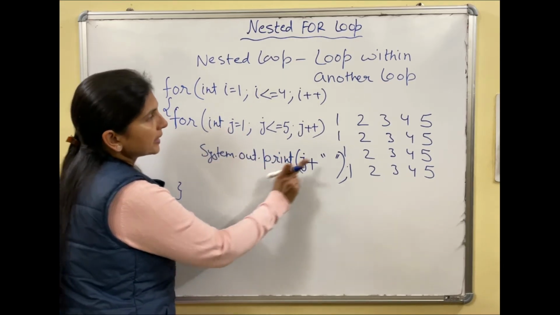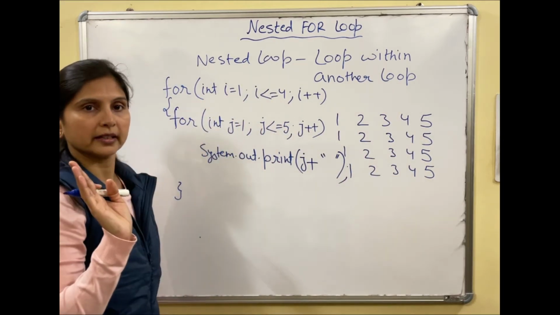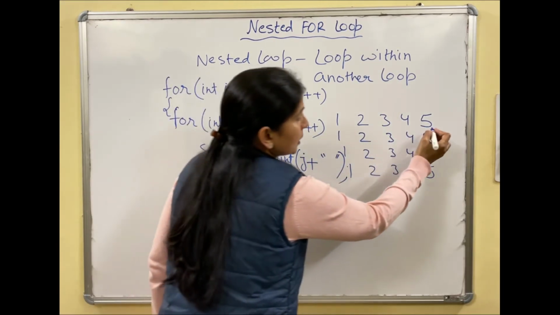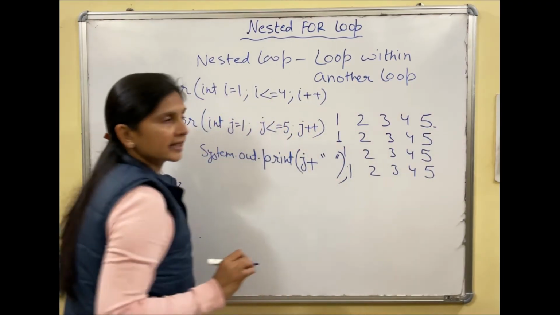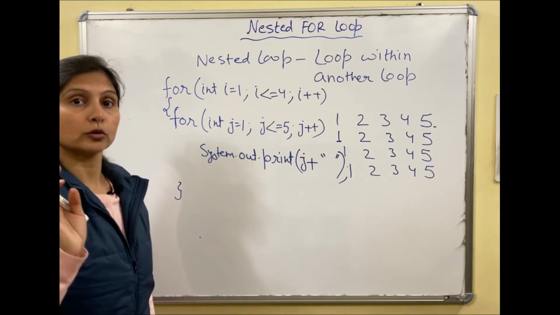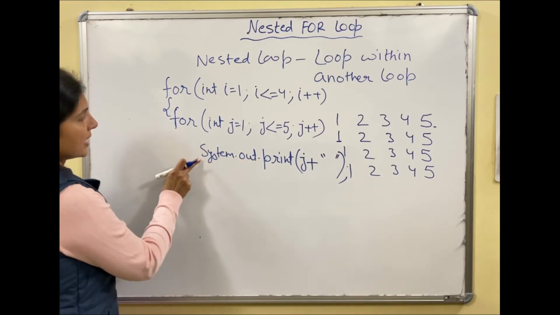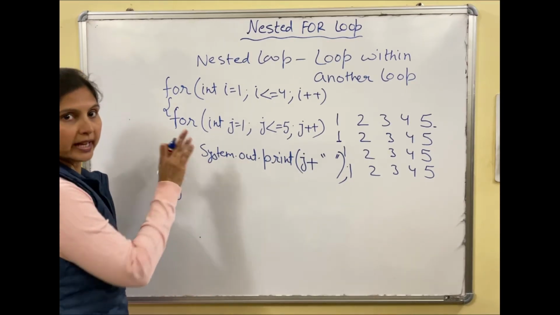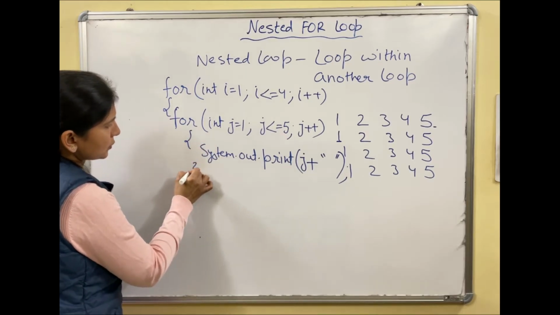So it will display 1, 2, 3, 4, 5 when i is 1. Right? Now what do I want? After displaying 5, I want the cursor to come to the next line, right? So where shall I give the System.out.println? After the inner loop. As there is only one statement, we have not given the braces. If there is confusion, you can give the braces also.